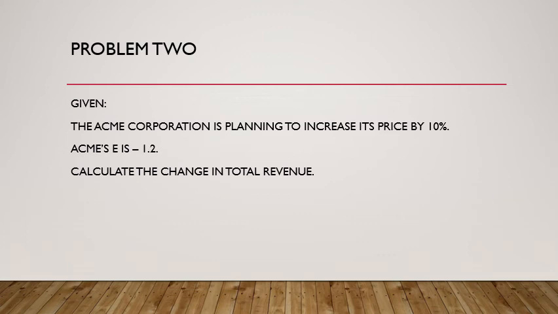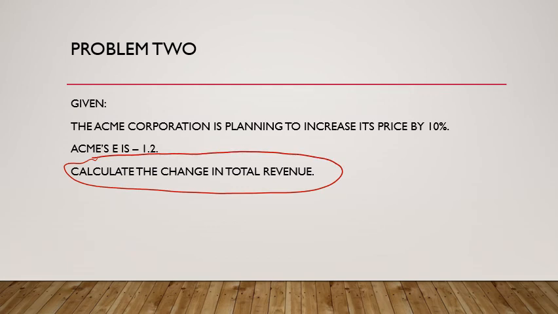If we take the absolute value of it, we'll get 1.2. If we compare it to 1, which is unit elastic, it's higher than 1, so it must be elastic. This is elastic demand. And what we're asked to do is to calculate the change in total revenue.